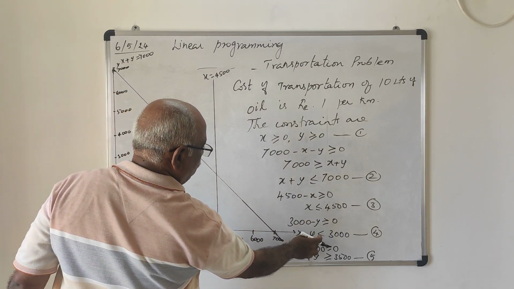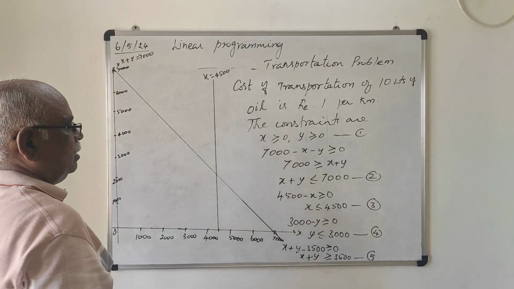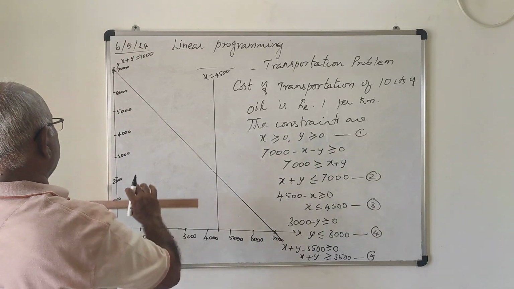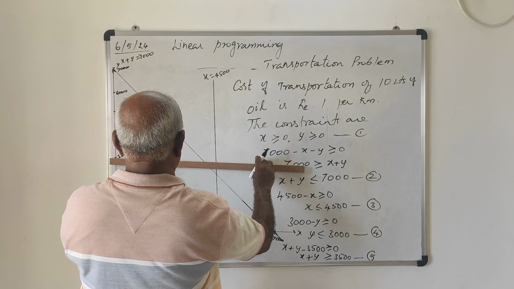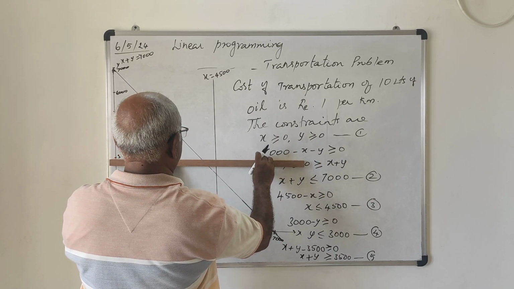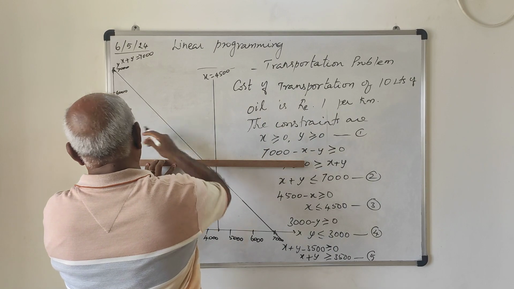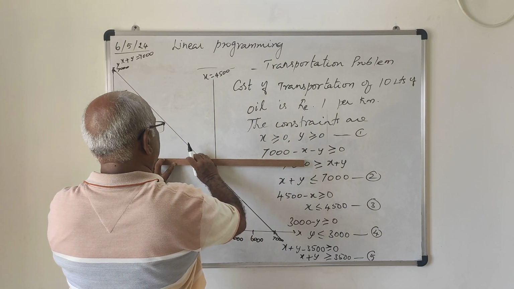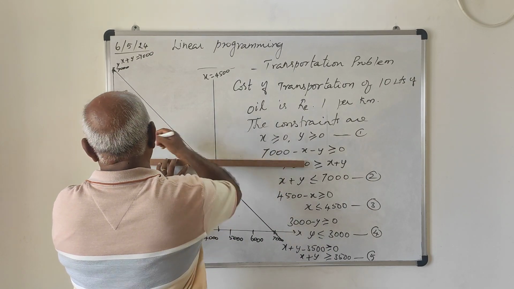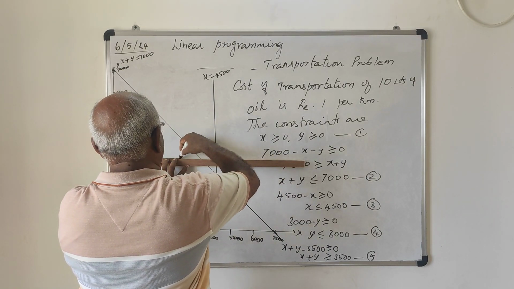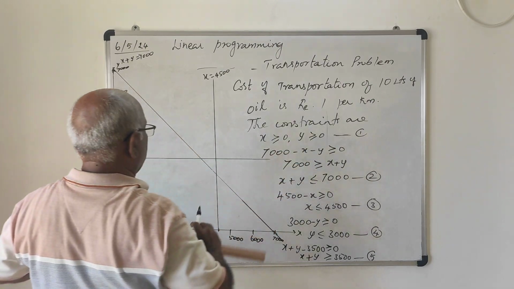Similarly, y less than or equal to 3000 means y equal to 3000. So draw a line at y equal to 3000. This is the line y equal to 3000.